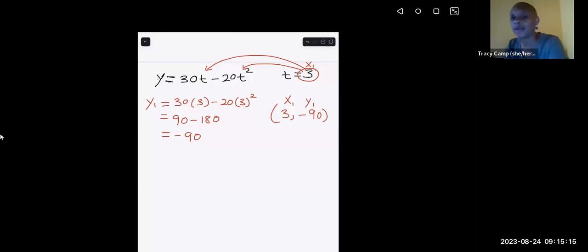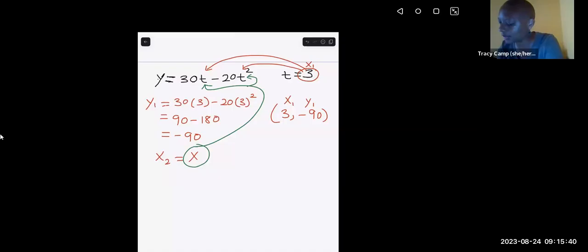And then our x2, y2, so our x2 is just going to be a general, let's just call it x. And then to find our y2, we would have to plug in this x for all of these, right?